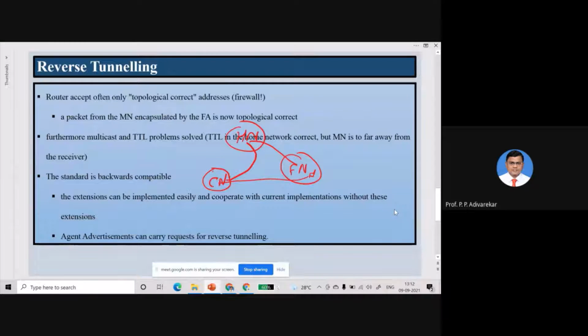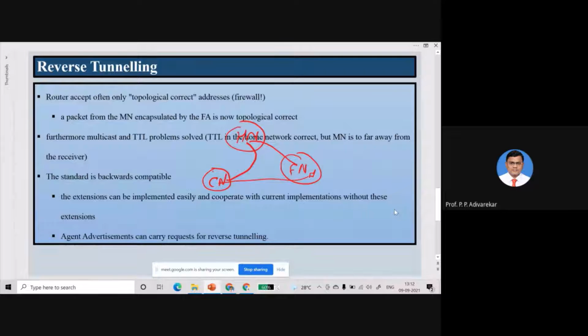The mobile node can directly send packets to the CN as in any other standard IP situation, because the CN is stationary, so it doesn't require any mobile IP mechanism. As I said, the destination address in this case will be that of the CN for all the packets that are sent to the CN.